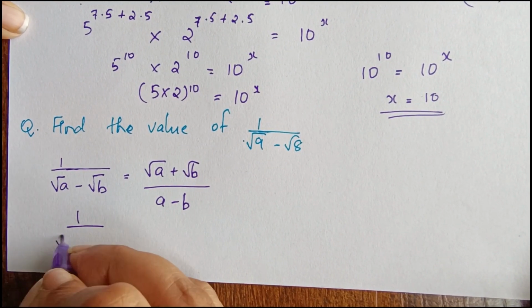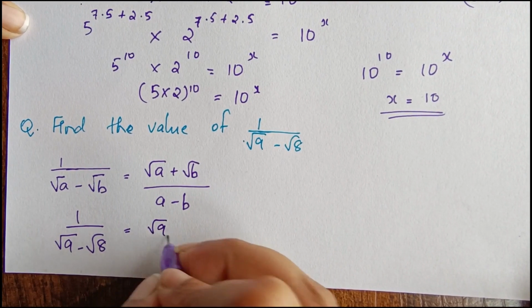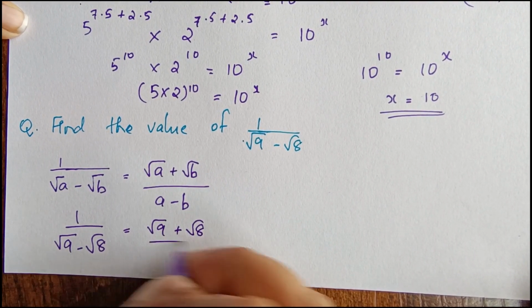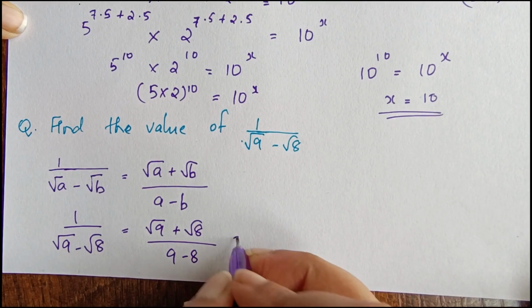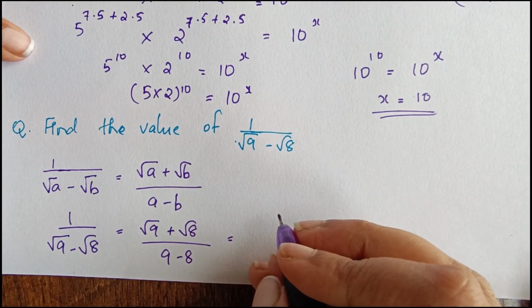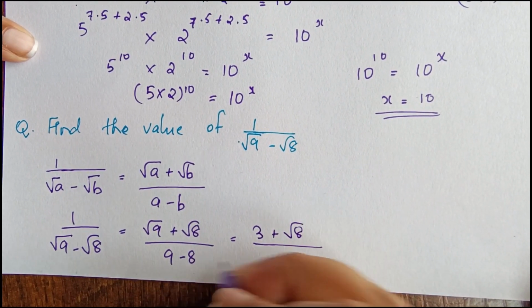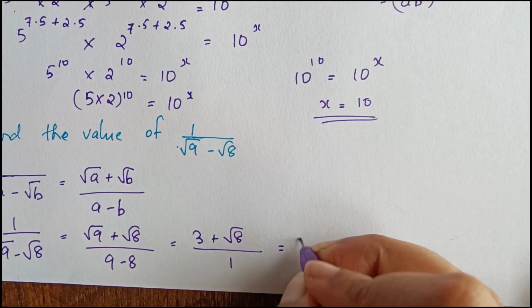So here 1 by root of 9 minus root of 8 can be written as root of 9 plus root of 8 whole divided by 9 minus 8. Root of 9 is 3, plus root of 8, divided by 9 minus 8 is 1.